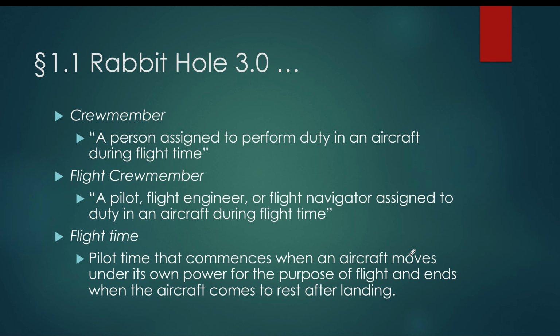I put this up here because if there's two of you in the aircraft, and one of you is instructing and the other one is a student, you're both required crew members, because you can't do that flight without an instructor and without a student. Just like a lot of larger aircraft require flight attendants, they are required crew members because of the number of passengers on board. And they actually, flight crew members is what I was getting into there.